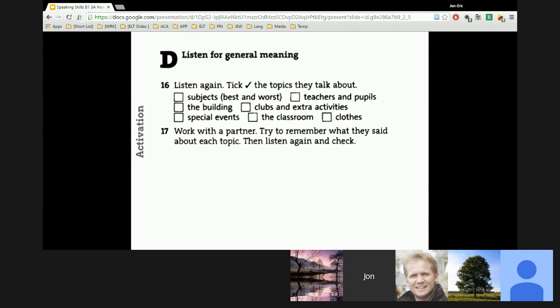Let's try it like this, Sam. We can replace used to with would so that we don't repeat it so often. So I used to be shy. I used to come to school every day. I wouldn't miss any classes. I wouldn't miss any class.